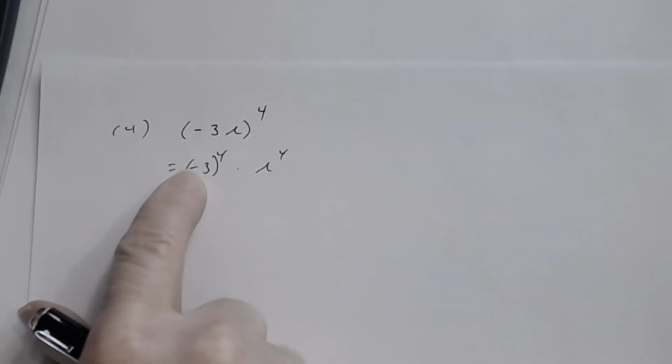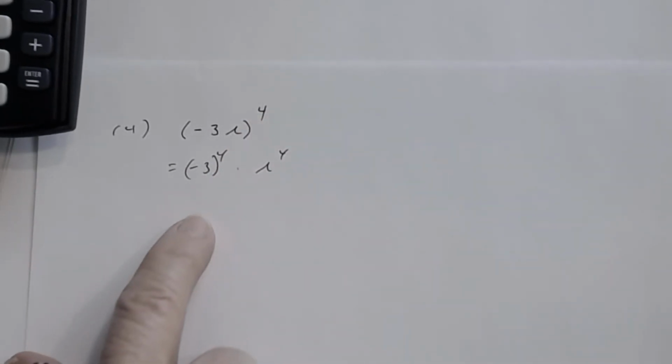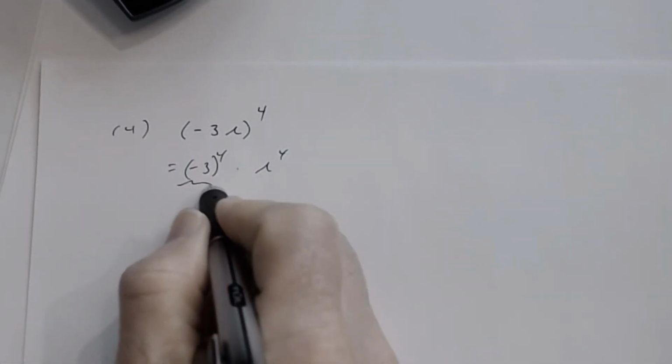But remember, that negative number is being raised to an even power, so a negative number raised to an even power should always be positive. That's why the parentheses were necessary. So put parentheses, negative 3, close the parentheses, raised to the fourth, and you're supposed to get positive 81. Okay? So this right here is positive 81.